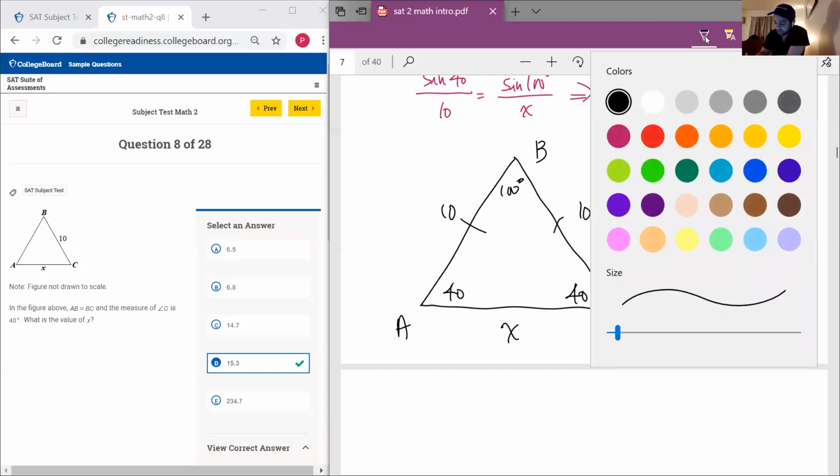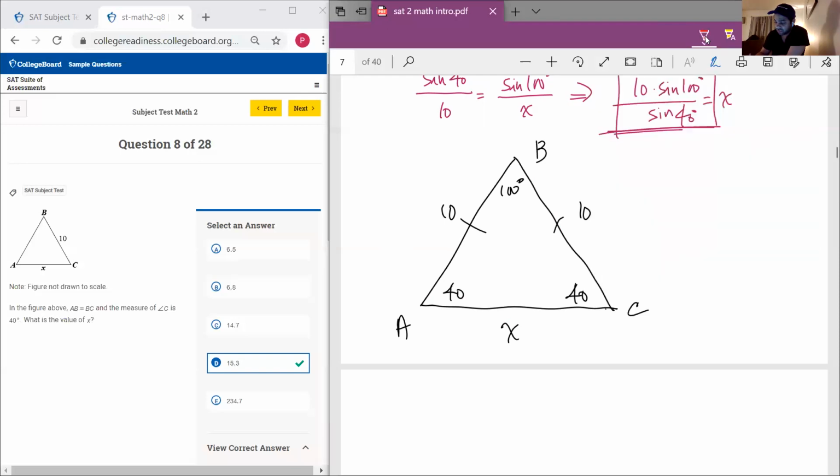Another way to do it would have been, because you're dealing with the isosceles triangle, a lot of times, guys, if you're dealing with an isosceles triangle and finding a missing length given the angles, you can use SOHCAHTOA, right? If I just cut this right down the middle, then that's X over 2. That's the height. And it doesn't matter the height, right? It bisects the base basically. That's the actual theorem.